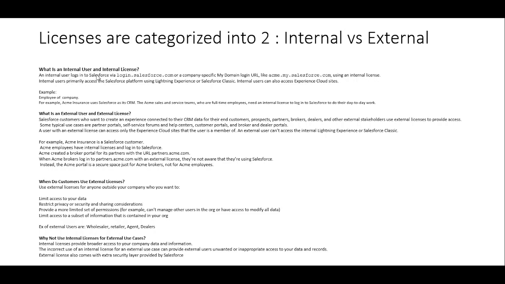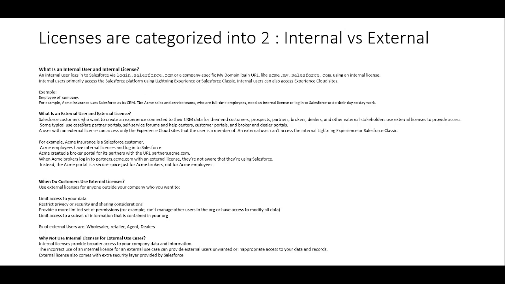So what is an internal user and internal license? In Salesforce, when you log in as an employee and do your day-to-day work, for example, at a company Acme, you see acme.mysalesforce.com in the URL. They all use an internal license for their day-to-day work.